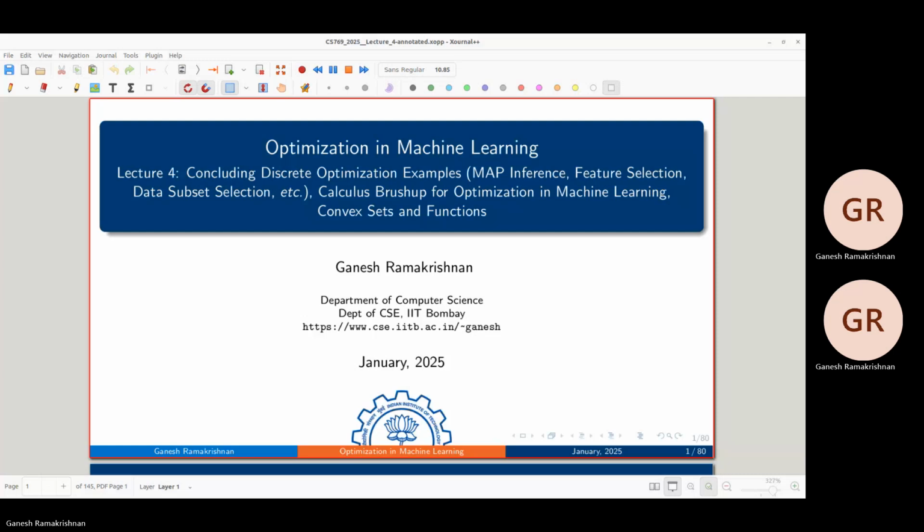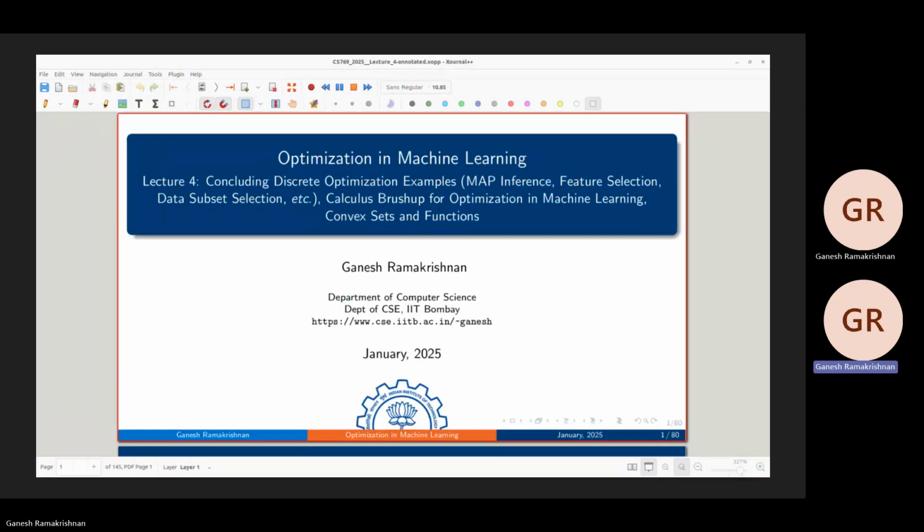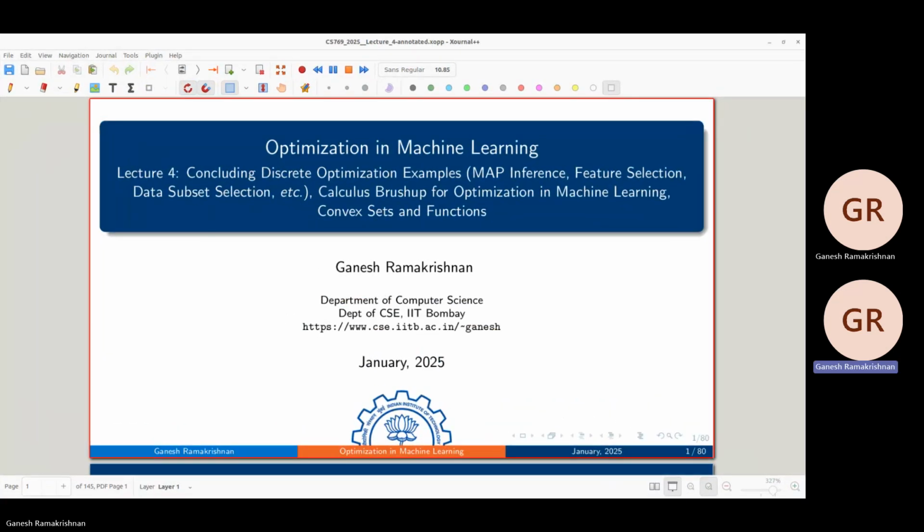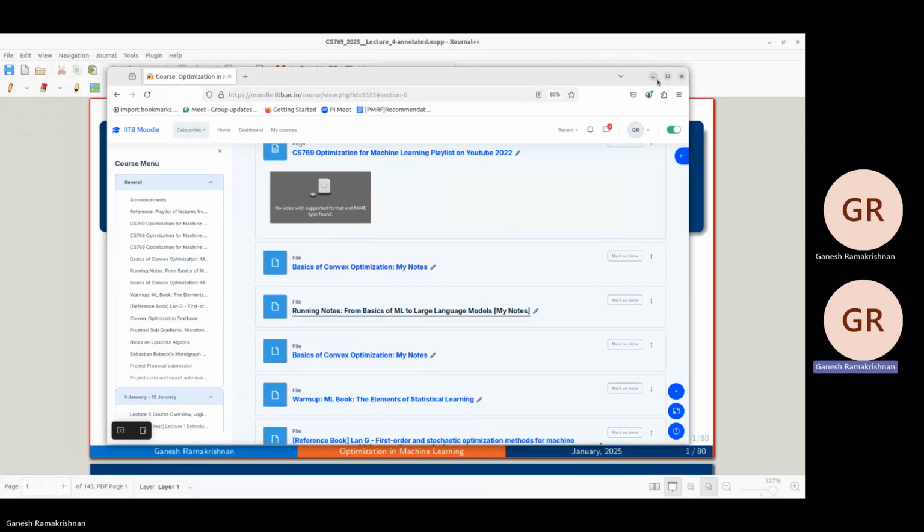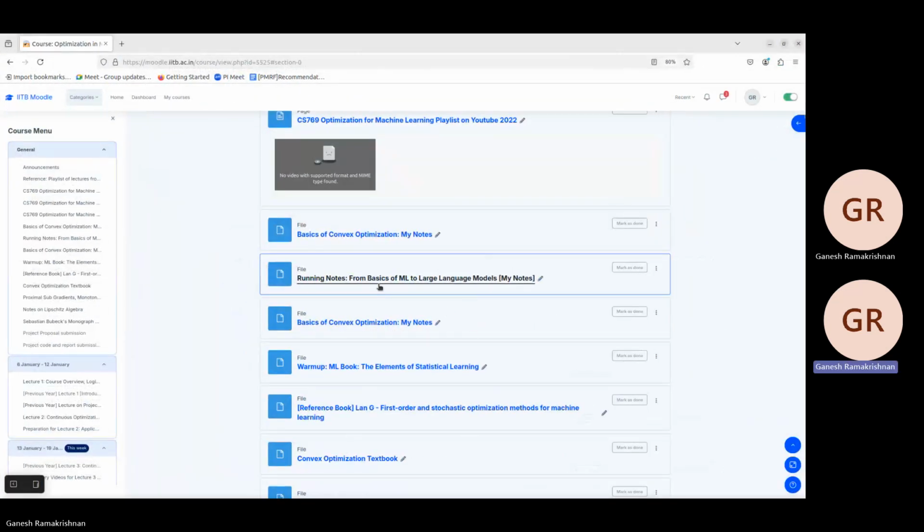I hope all of you are following Moodle. This is how the Moodle page looks like. We are running notes from basics of ML to large language models.